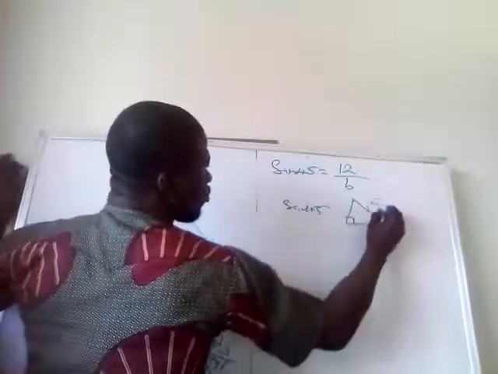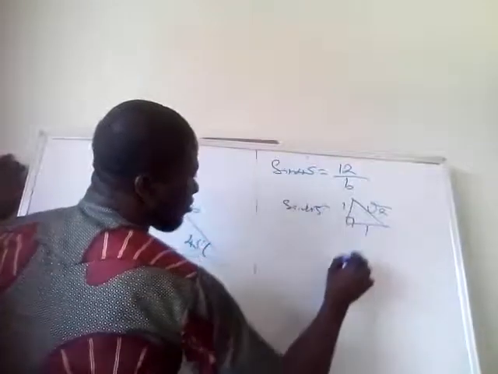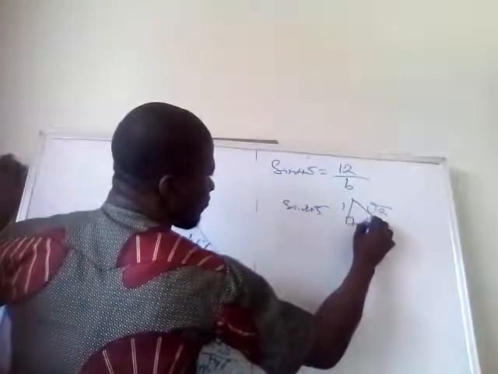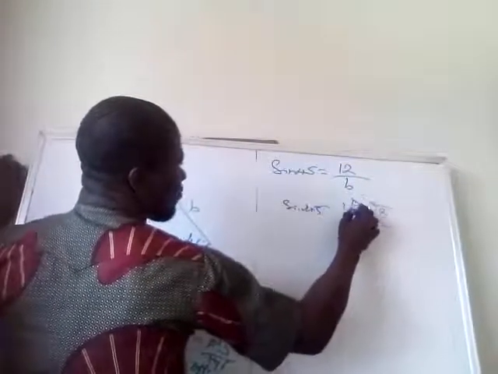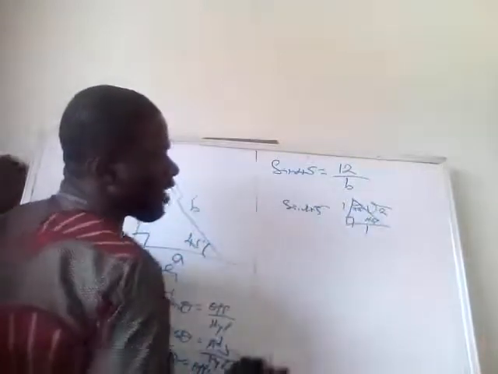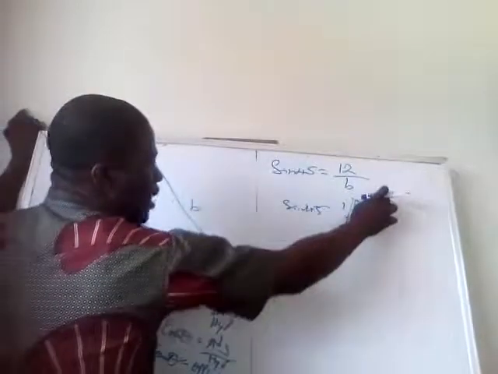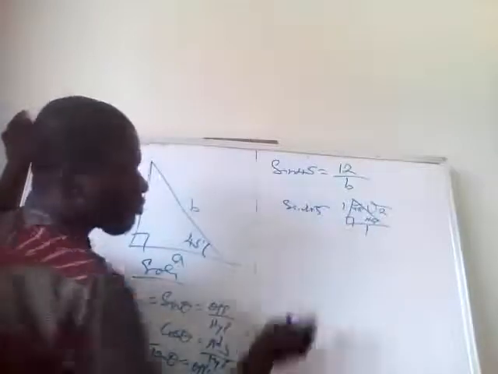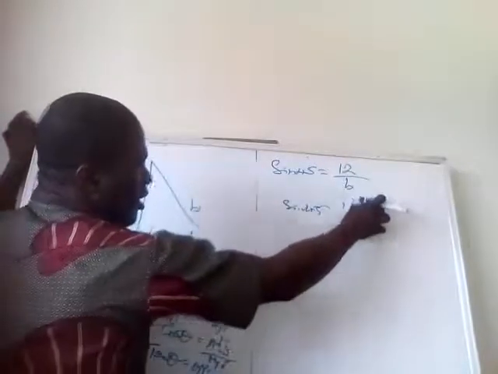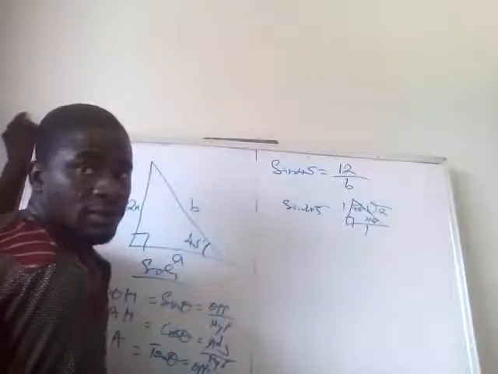We had square root of 2, 1, and this. You have 45. You also have 45. So sine 45 is opposite over hypotenuse. 1 is opposite here, and look at the hypotenuse there.